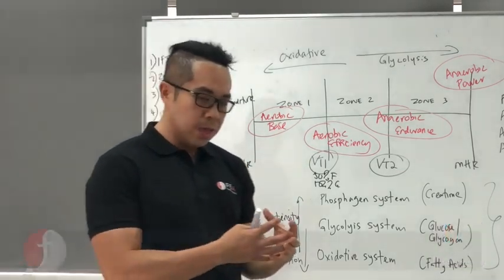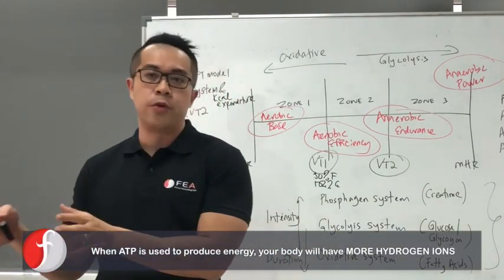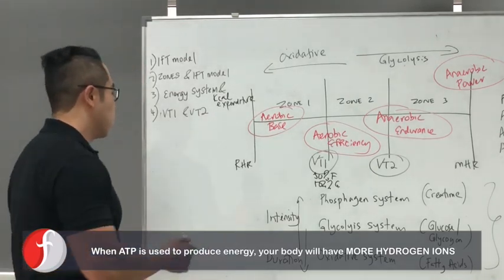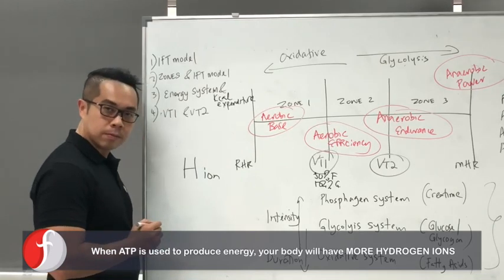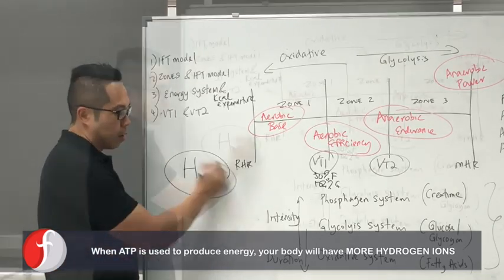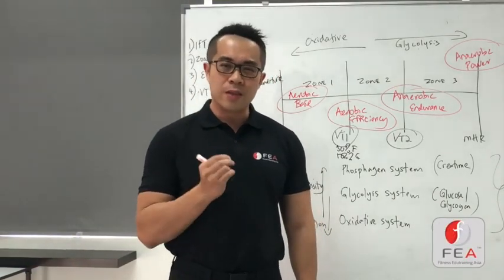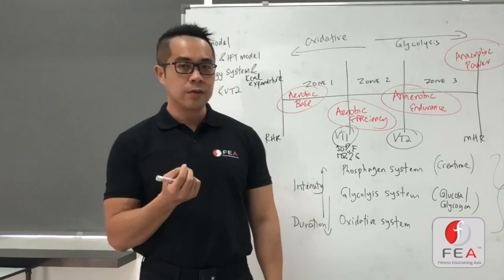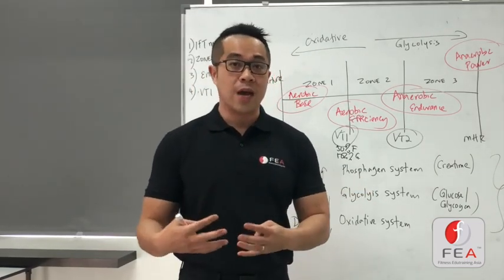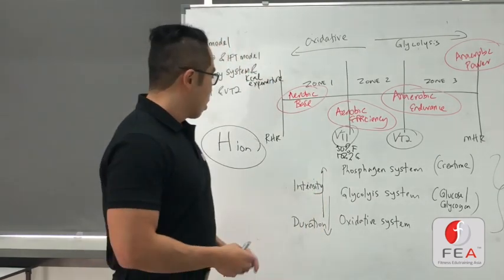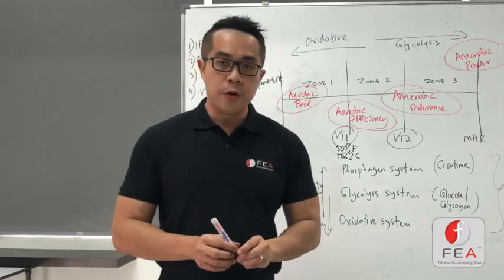When ATP is used to produce energy, your body will produce hydrogen ions. When hydrogen ions start to increase a little more, you will start to feel soreness in your muscles. When it gets really high, you feel really sore, and that's where you can't move on anymore.